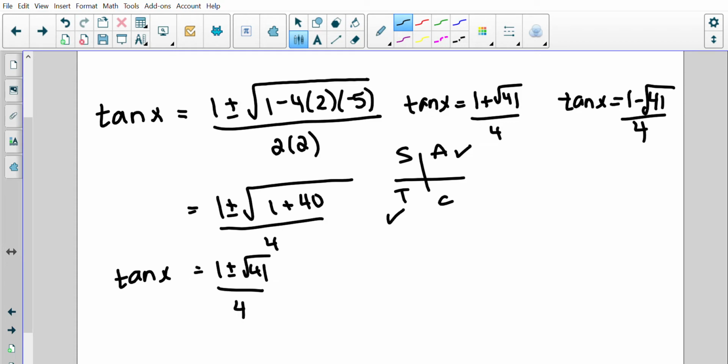So I'm going to go into my calculator again, and I'm going to type into the regular screen 1 plus the square root of 41 all divided by 4. Okay, and I get a decimal of 1.8507, right?